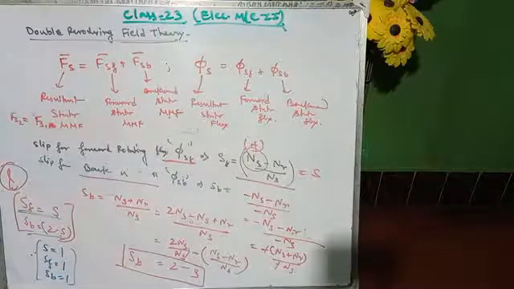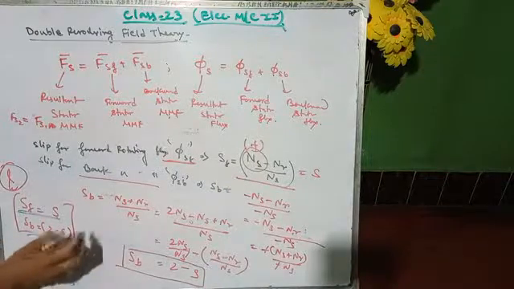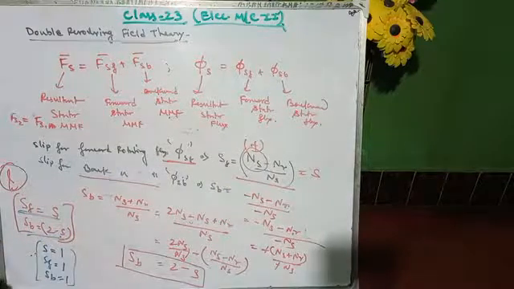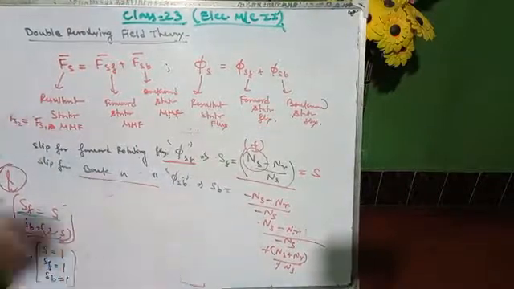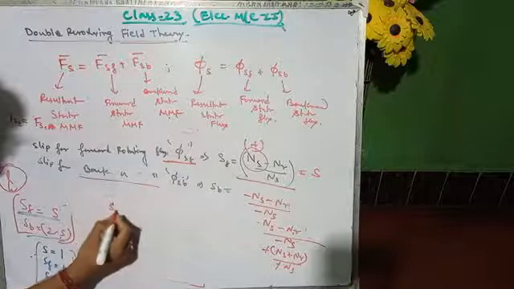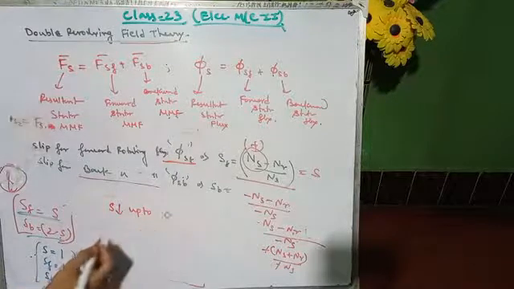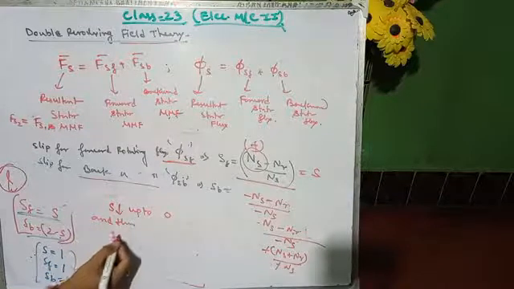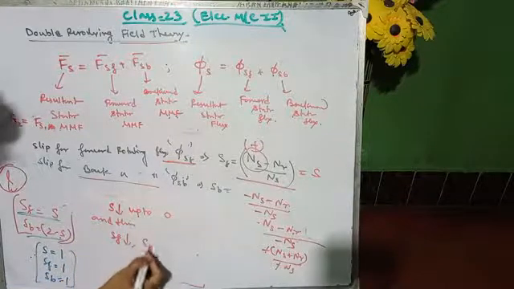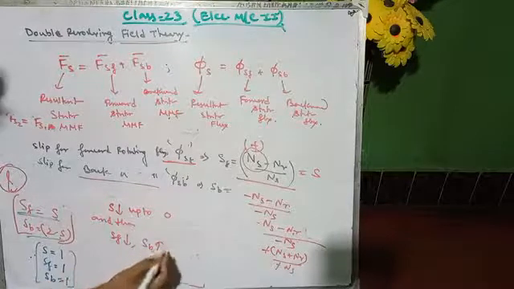Okay, and now write: as the speed of the rotor increases, then slip will gradually decrease up to 0. And thus sf gradually decreases and sb gradually increases.